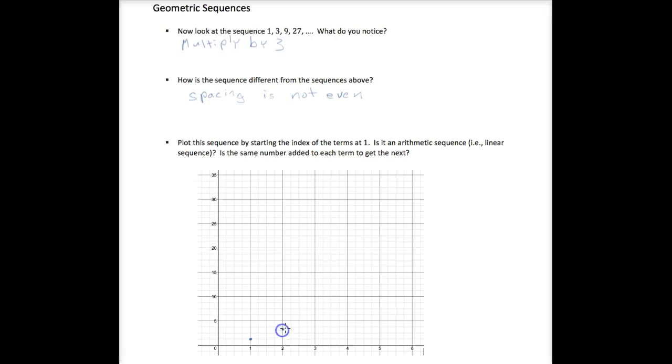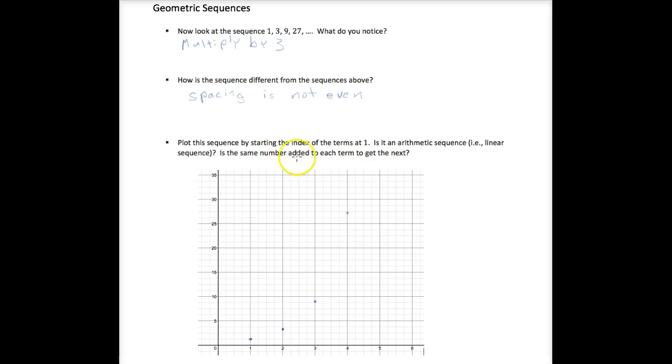At the third term, we have a value of 9, so a little bit up from there. At the fourth term, we're all the way up to 27 for our value. So what you can see is that our points are no longer in a straight line.